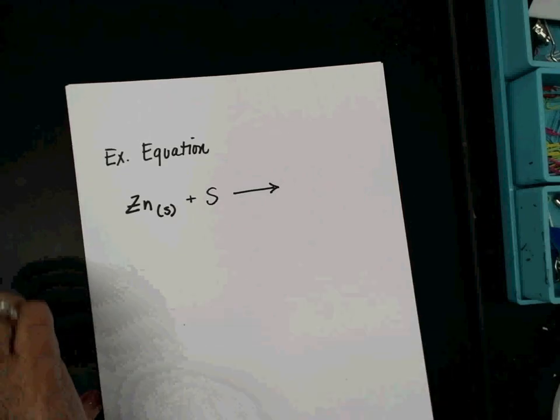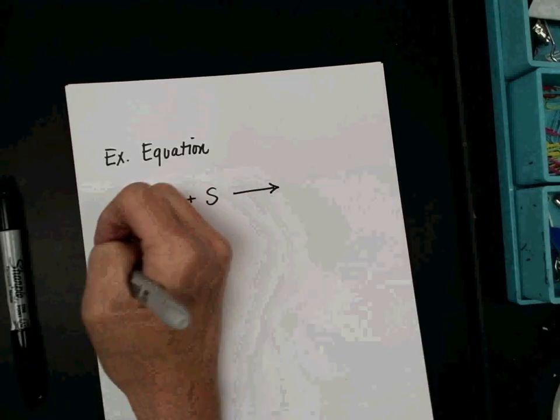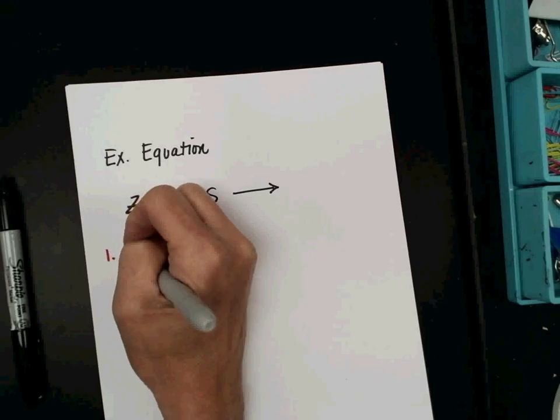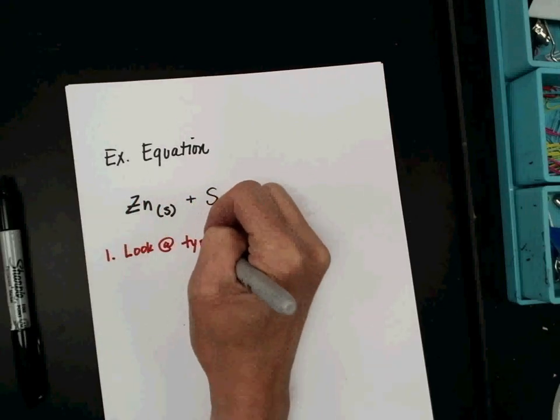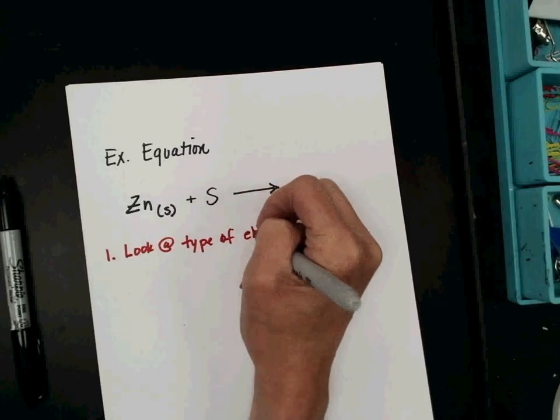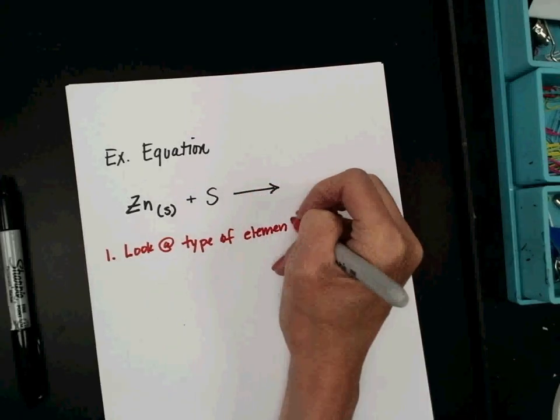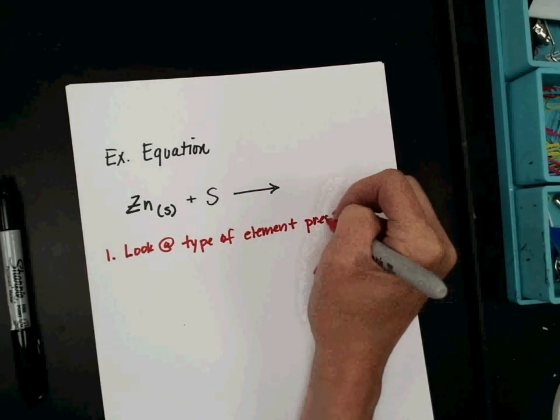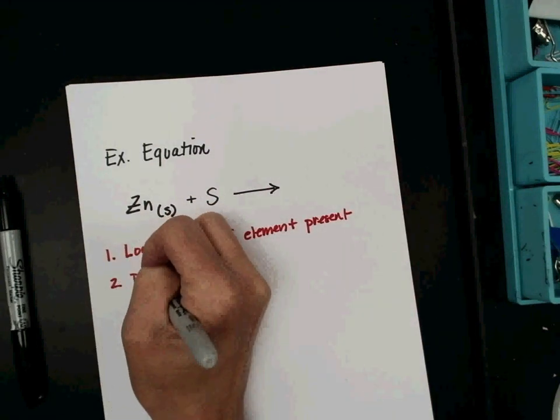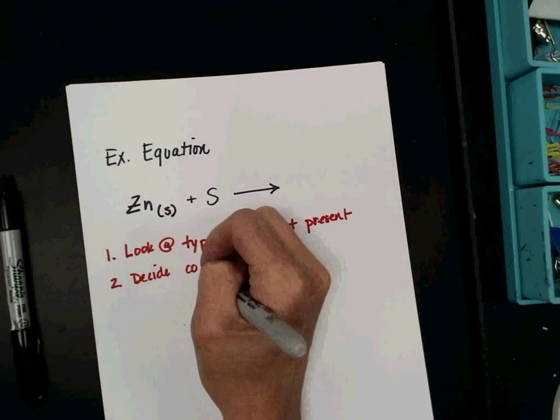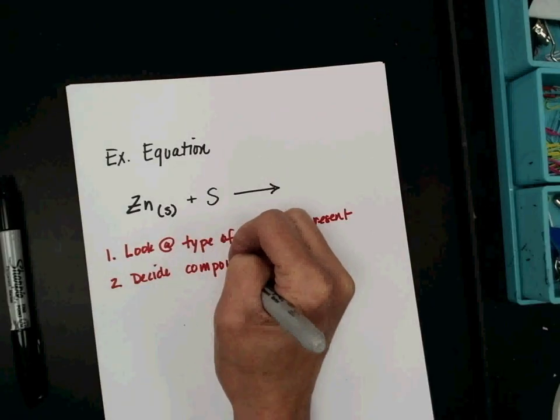So the first thing you want to do is look at the type of element present. Then you're going to decide the compound type.